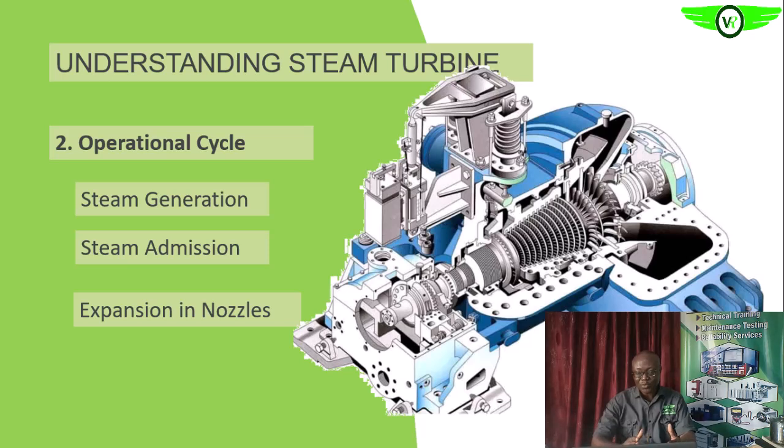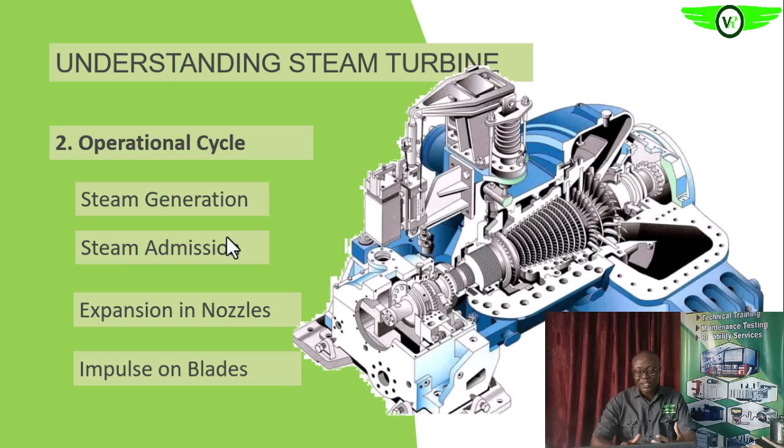That helps to throttle it and increase the velocity further, which will further increase its kinetic energy. So that high speed, high kinetic energy steam will now impinge on the rotor blades, or the blades on the rotor. So that rotor blade will now convert that kinetic energy into rotating mechanical energy that will be available on this shaft for us to do whatever work we need to do in our plant or on our industry floor. Okay.